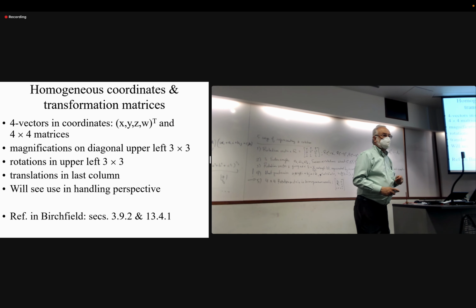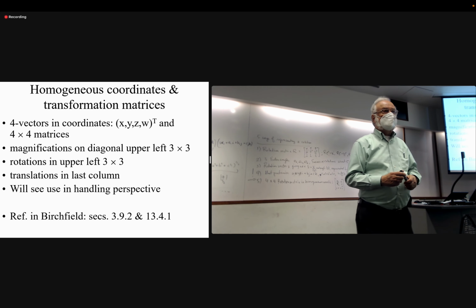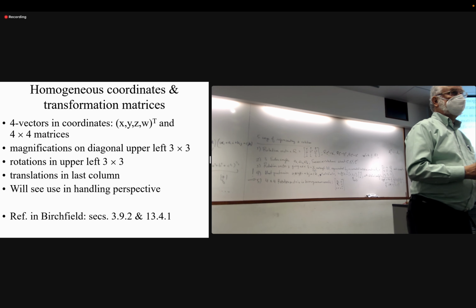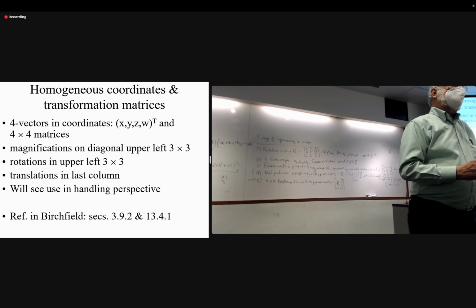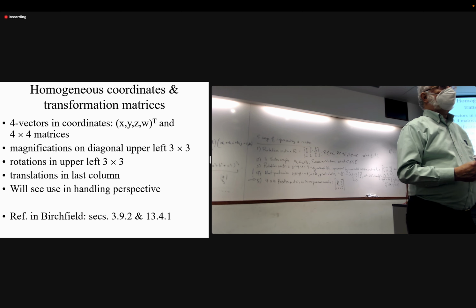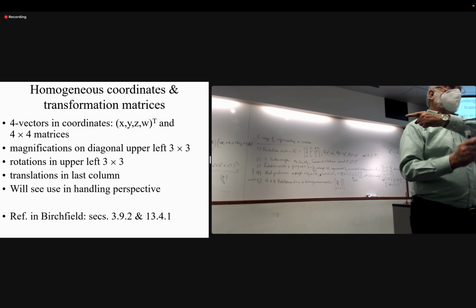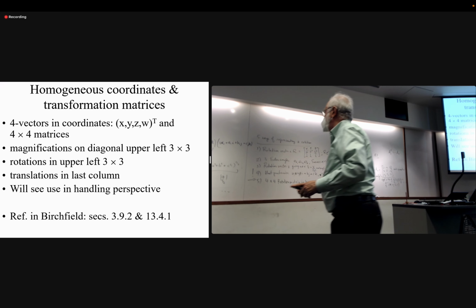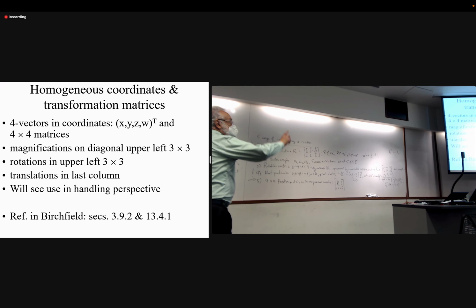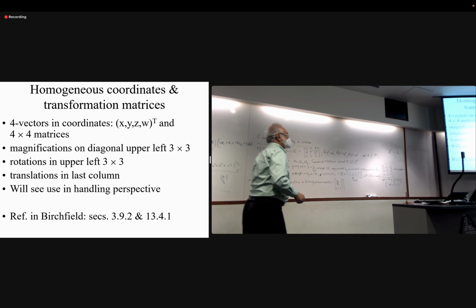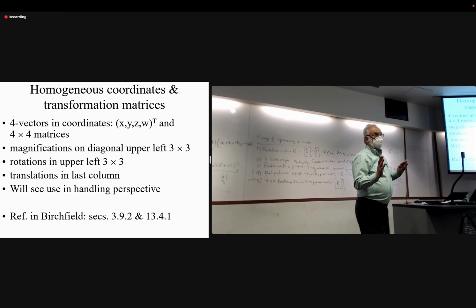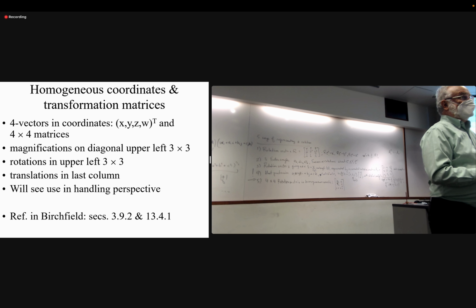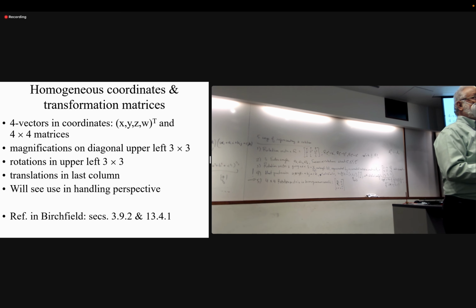And it involves understanding vectors x, y, z as a 4-tuple x, y, z, w. Not the same w as we've been talking about with quaternions, but an additional entity. And so now all vectors are going to be 4-tuples. And when you want to transform 4-tuples to 4-tuples, you're going to need a 4x4 matrix.